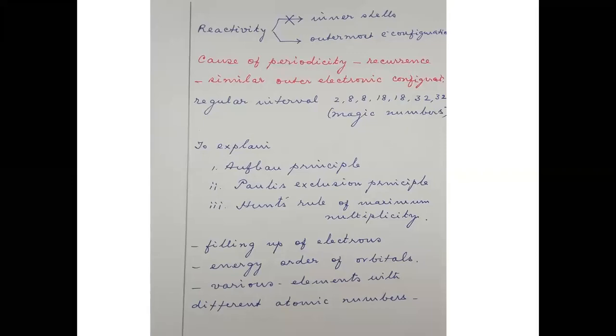Now, these three important principles you should understand for the filling up of electrons in the orbitals. First one, Aufbau principle. Aufbau principle states that the filling up of electrons in orbitals takes place in increasing order of energy.